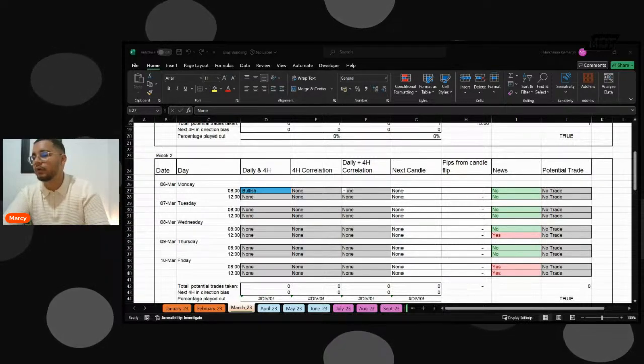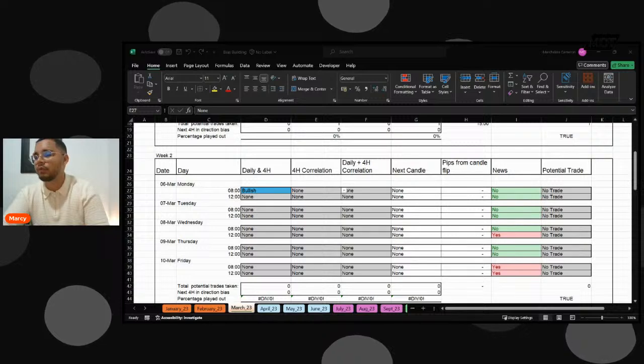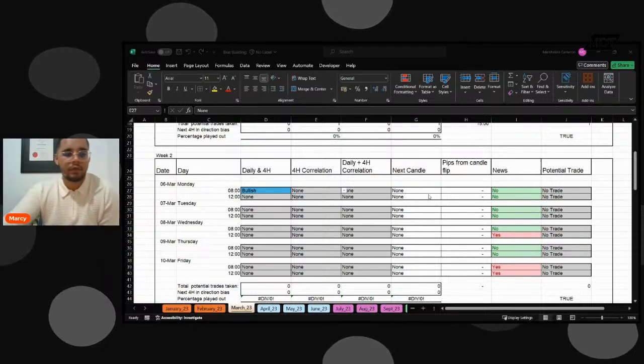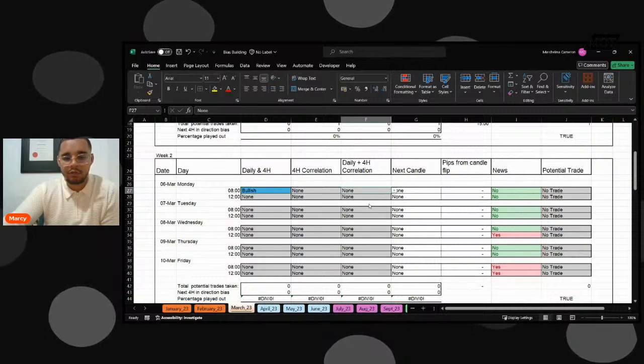That's 4 bullish candles. And what is this? That's 5 bullish candles. So we have the daily and 4H plus 4H correlation. That's perfect, so let me mark that off. And then we can check the next candle.